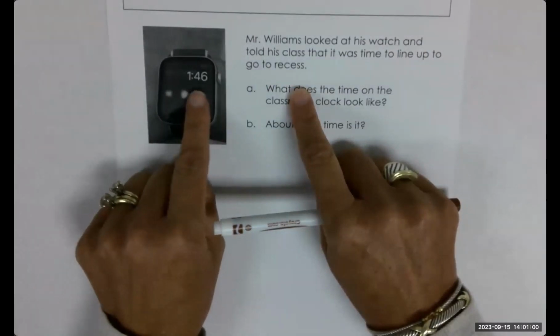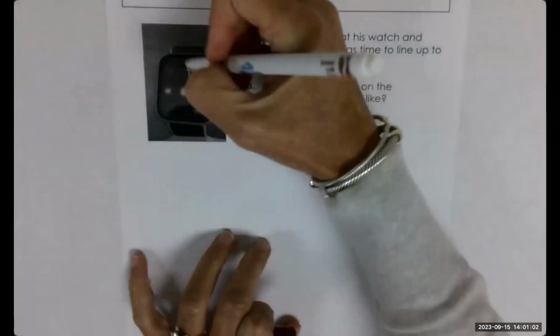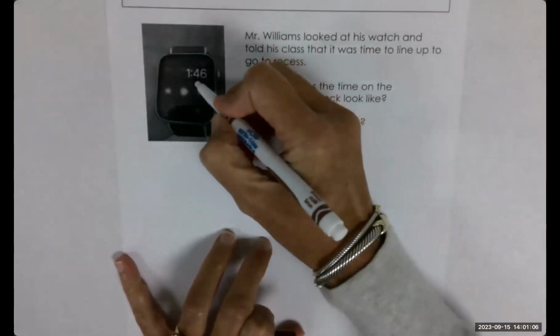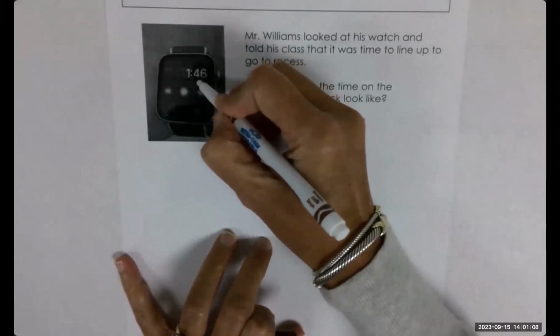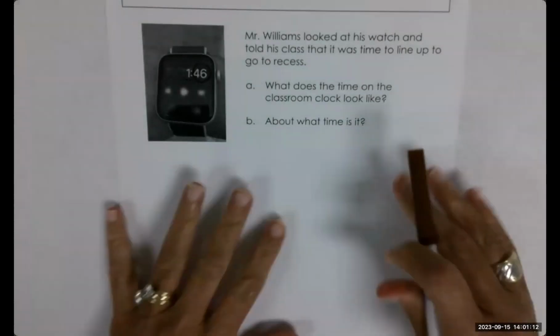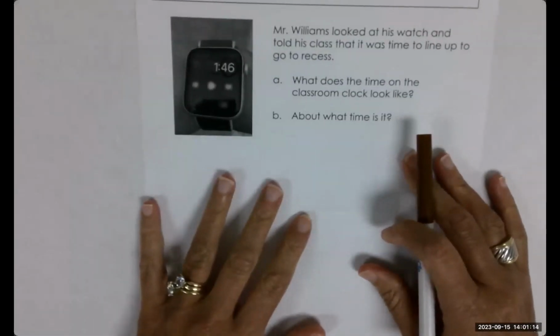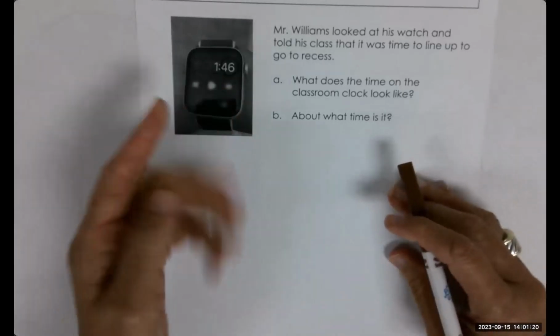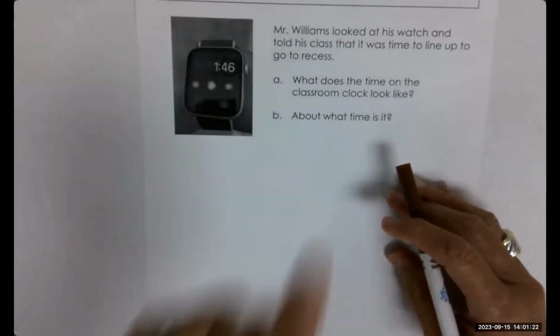It's important for students to understand that the hour is denoted before the colon and the minutes are denoted after the colon. Okay. I always like to help my kids understand that when they're dealing with units of time, the hour unit and the minute unit, because it helps them set the time by dealing with just those individual units first.